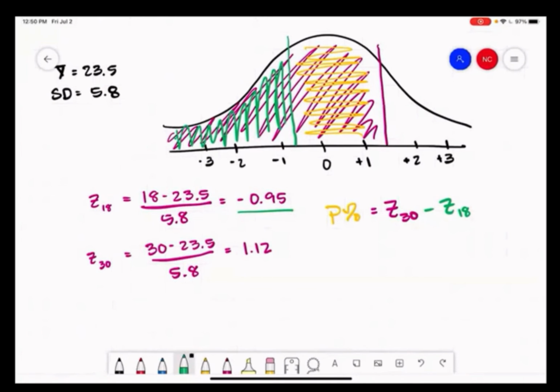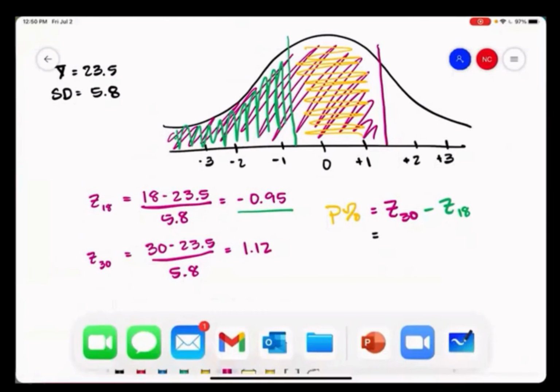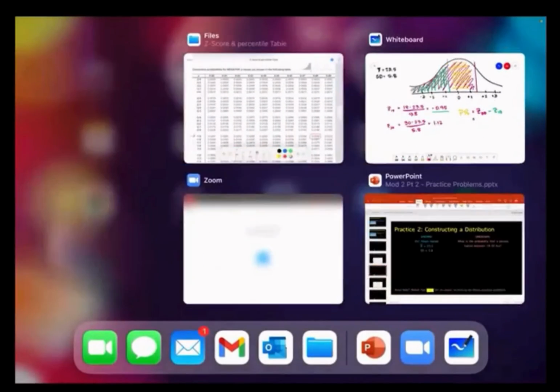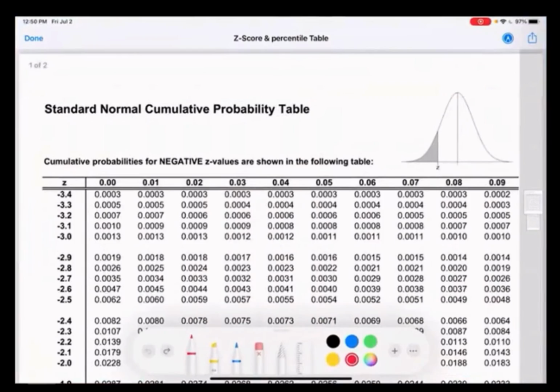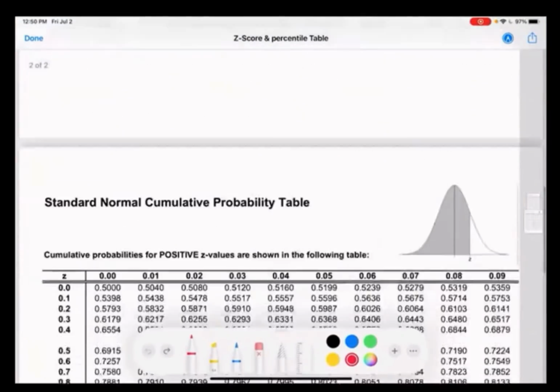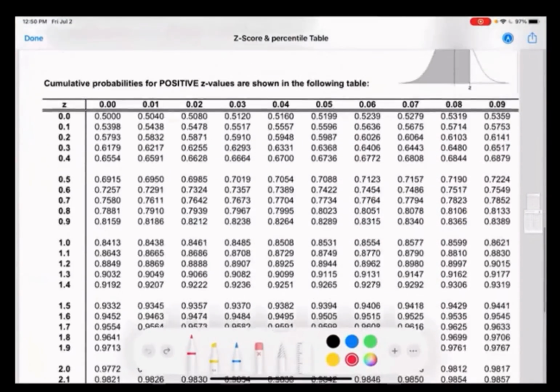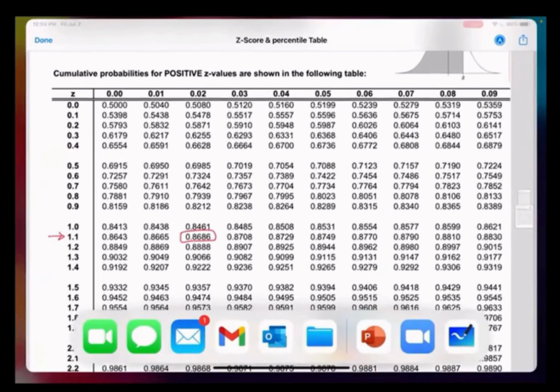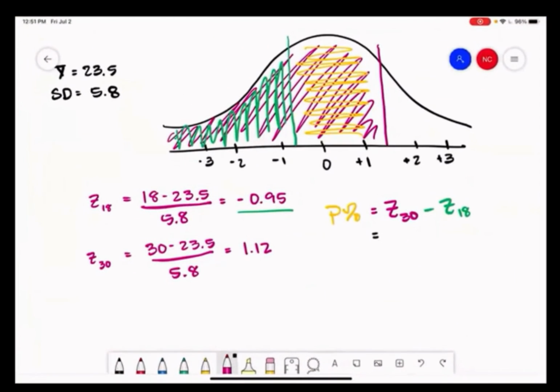Okay, so we can fill this in here, and we can say for 30, we have a z of 1.12. So if we go to our positive z-score table, right, we've got 1.12. And that gives us 0.8686 or 86.86%.